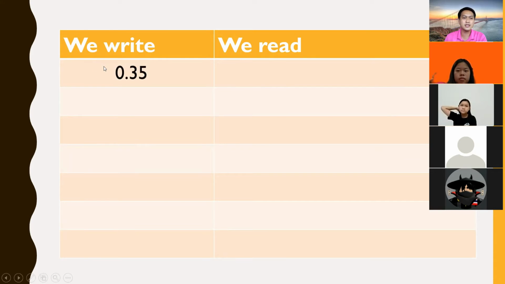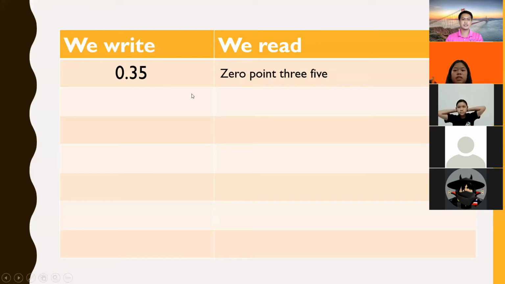Okay. So we write it like this. We read this as 0.35, or we can also say 35 hundredths, because the last place value is in the hundredths place.